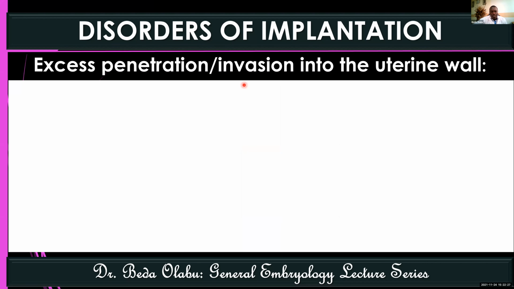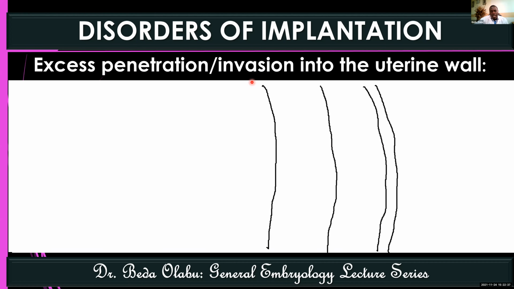Okay, the other disorders of implantation is where the conceptus has invaded too deep into the uterine wall. Let's use these images to remind ourselves of the layers of the uterine wall. So the endometrium, myometrium, and perimetrium. We say that the endometrium has two zones, stratum functionalis and stratum basalis.